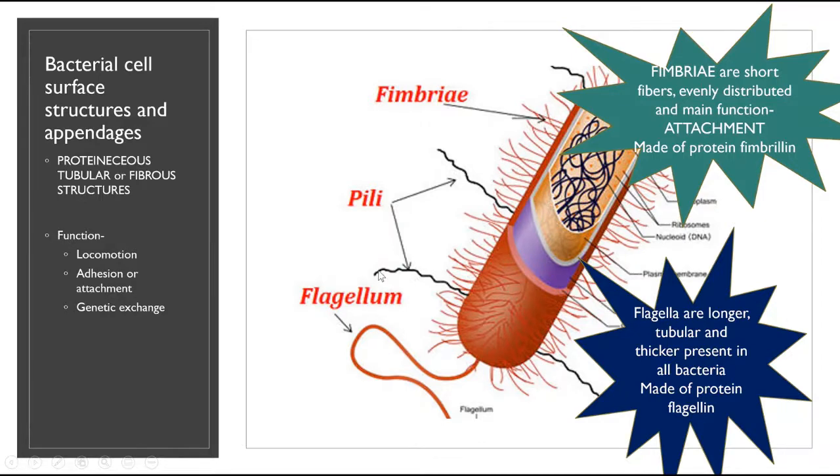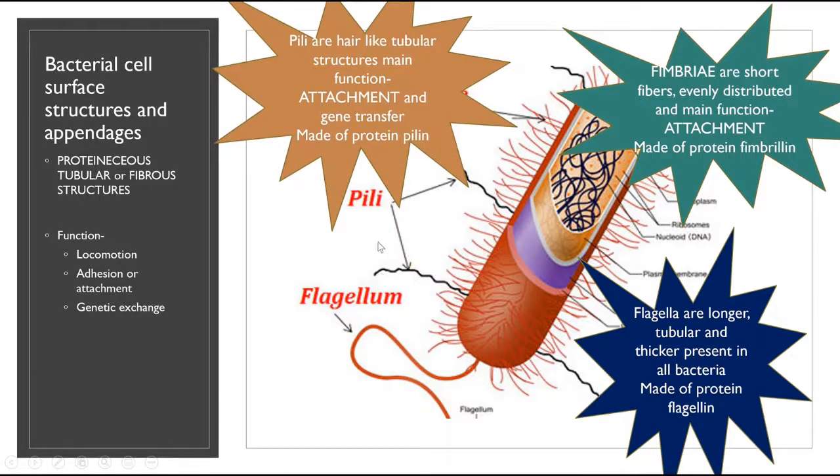And another type of structure we call pili, which are longer, and they come in different varieties. For example, some types of pili allow the bacteria to transfer genetic material. So the pili help in transferring genetic material.